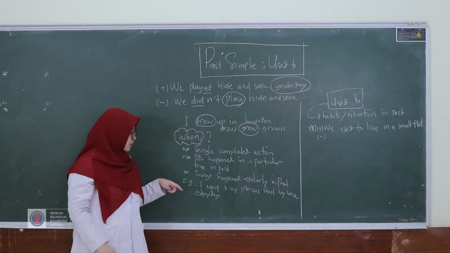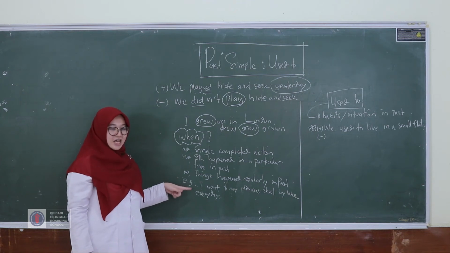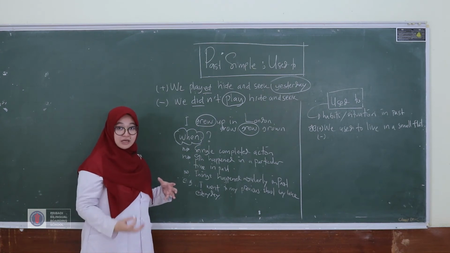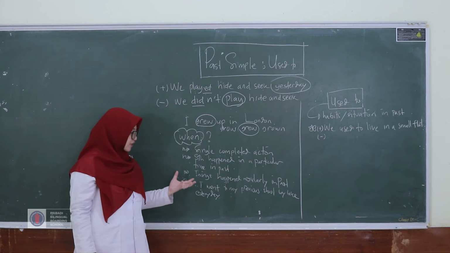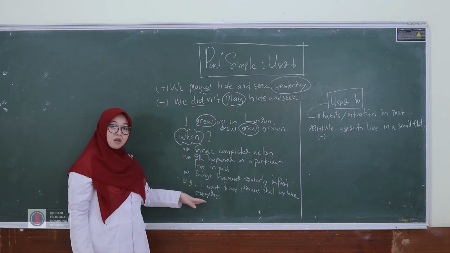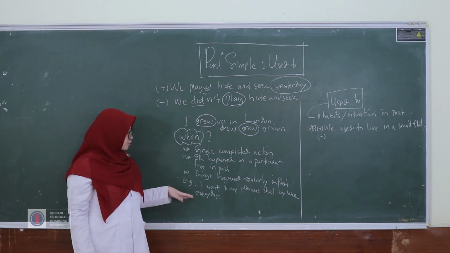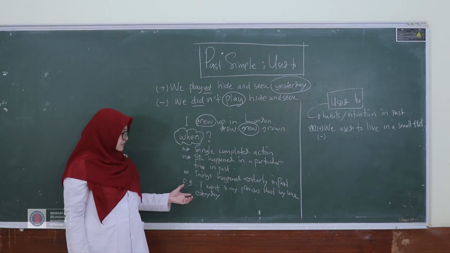For example, "I went to my previous school by bike every day." Even though we use the words "every day," which refer to an activity we regularly did, we use "went" because it's in the past. We are no longer doing this, so we use the past simple.